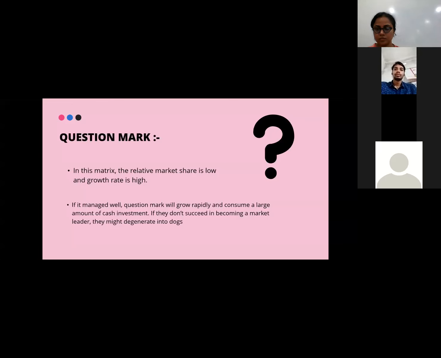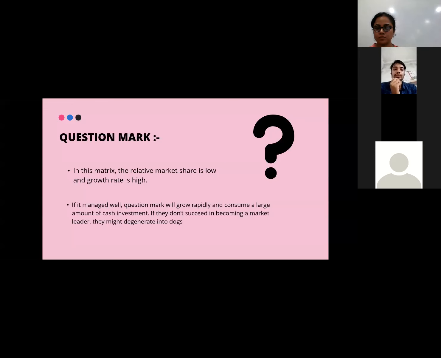Hence, it is a question mark, which means it shows rapid growth but lower profit margin. It needs a great deal of cash to increase market share. The marketers can either use the cash to invest heavily in gaining market share, or acquire competitors, or drop the SBU altogether. They will need to make a lot of effort to make the question mark progress to a star, not a dog.